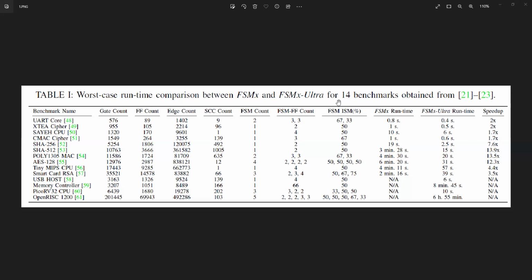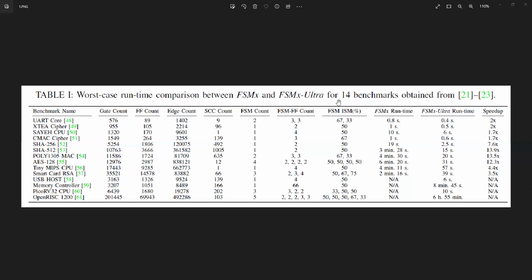These two are the main factors why FSMx-Ultra is the next generation of FSMx. As I was talking about, there is a discrepancy between the SCC count and FSM count. They are not identical, because the SCC count can include accumulator type registers, or counters, or whatever other non-state registers that may have FSM-like properties.